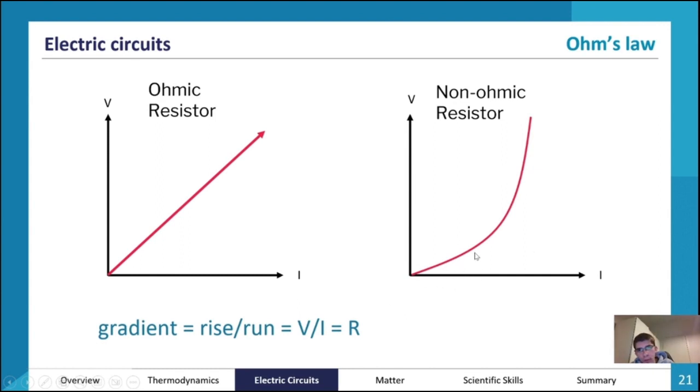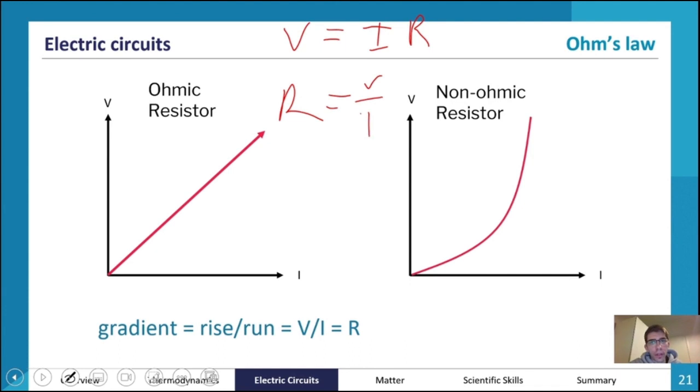Whereas for non-ohmic resistors, the resistance increases disproportionately with an increase in voltage. So this comes off of the equation V equals IR, and it's saying that resistance is voltage divided by current. So if you were to graph voltage and current, you would obtain these two graphs, one for an ohmic resistor and one for a non-ohmic resistor.